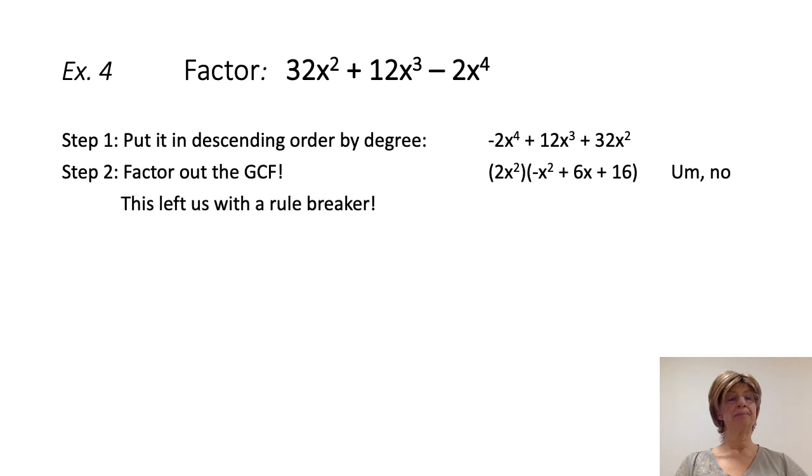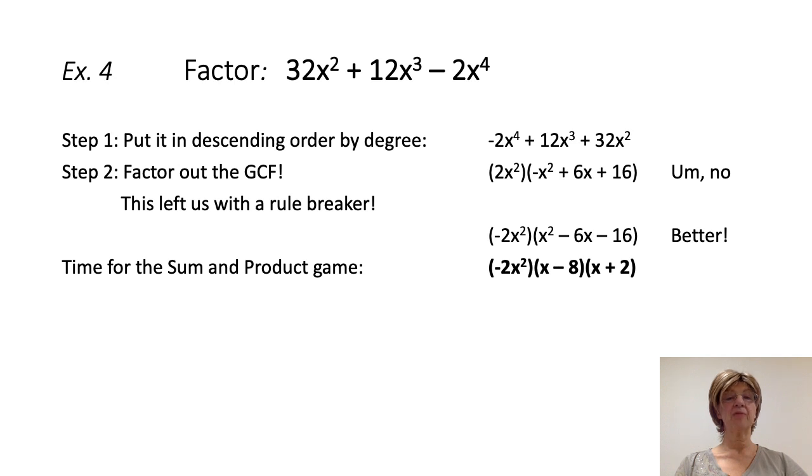Not quite. This left us with a rule breaker. So if we factor out minus 2x squared, we end up with a trinomial x squared minus 6x minus 16. We're good to go. Time for the sum and product game. Our first factor was minus 2x squared.